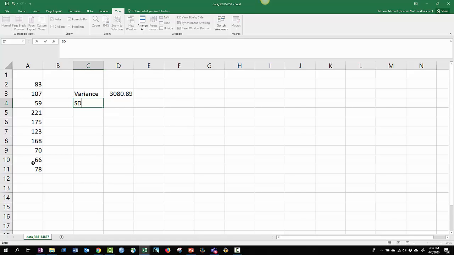I'm going to abbreviate standard deviation SD. We want the standard deviation. Type in equals STDEV.S, open parenthesis. Come over here, highlight the data values, close parenthesis, enter. Done. Those are the answers, right? So we just have to come back over here.